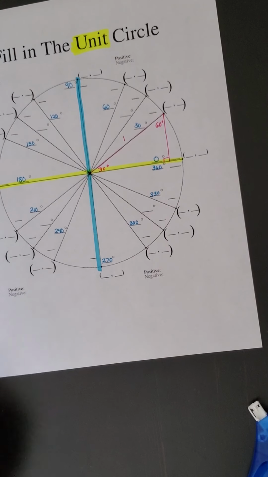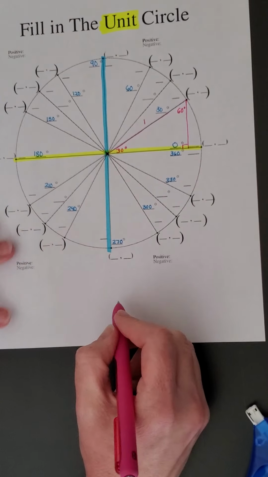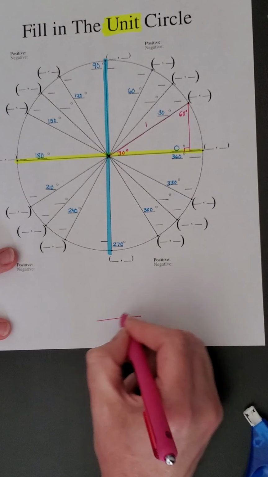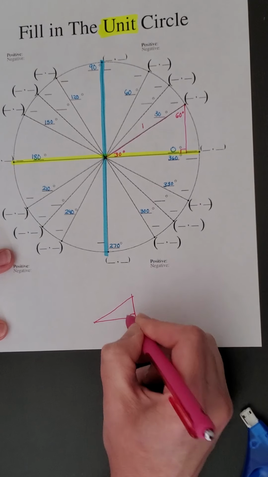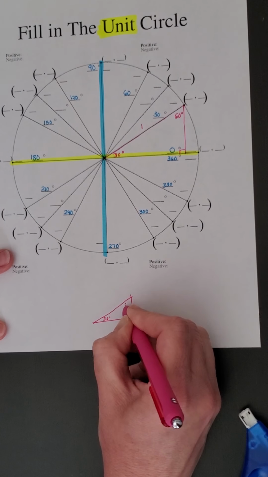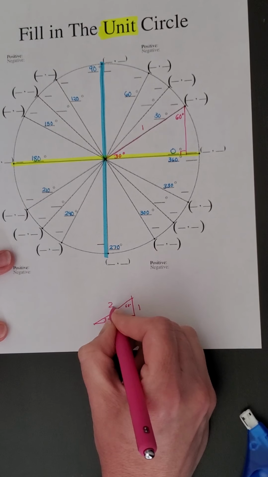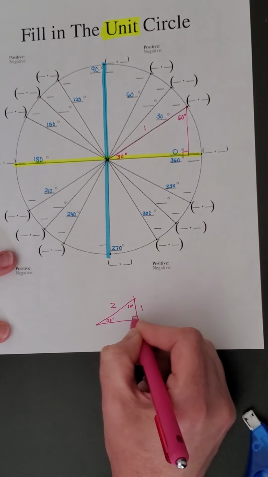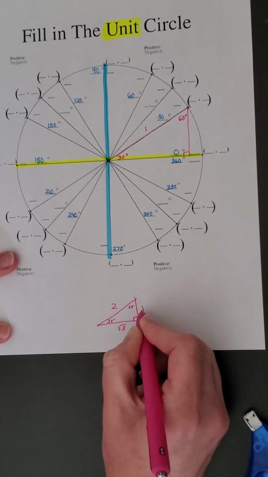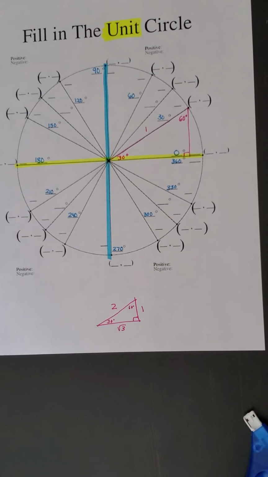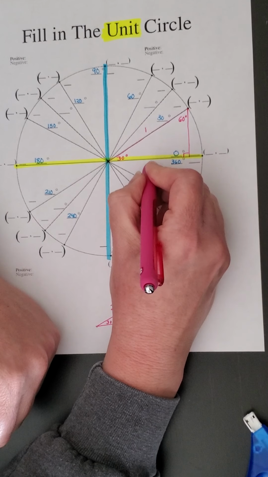So we're going to look back at our 30, 60, 90 reference triangle. So if you'll recall, in a 30, 60, 90, the short leg is 1, the hypotenuse is twice as large, and the long leg is √3 times as large, so 1√3. Now, if I want to find these missing lengths, this is my x-axis, so x.